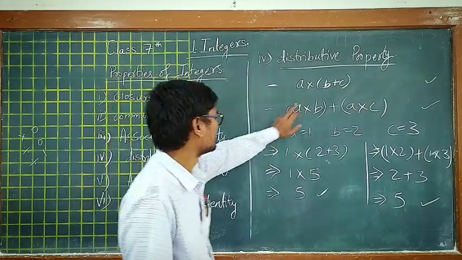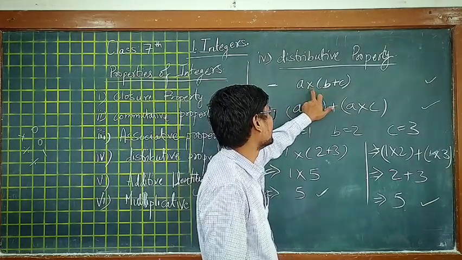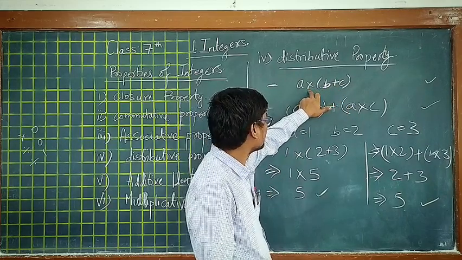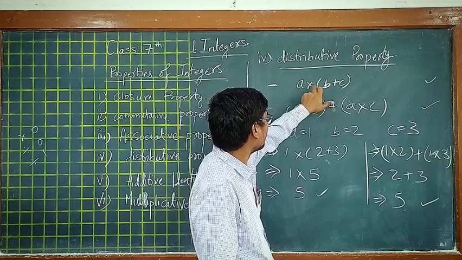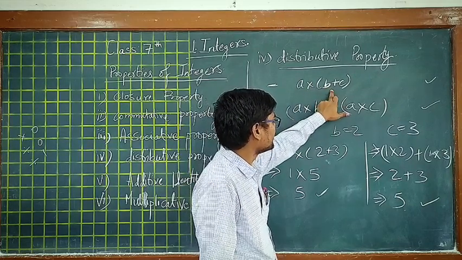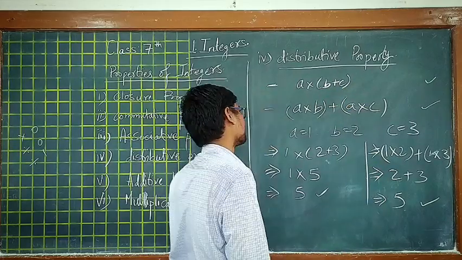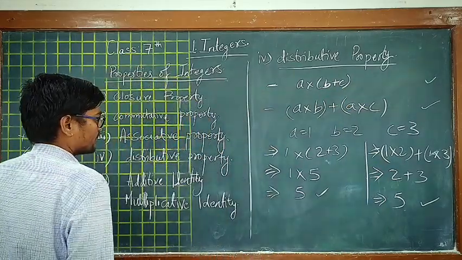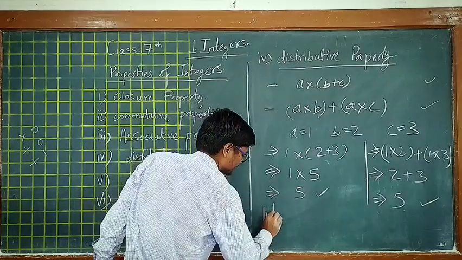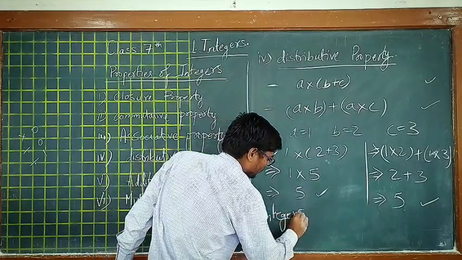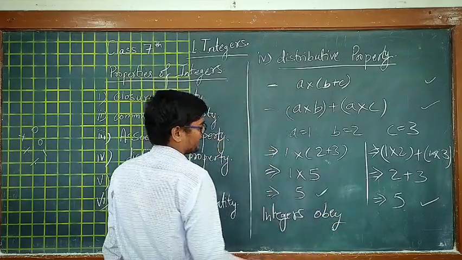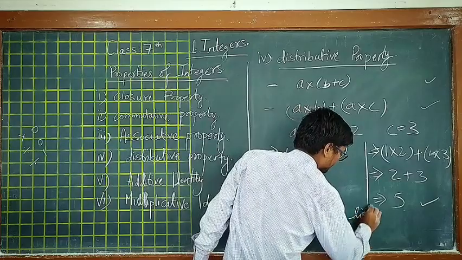This is called as distributing the multiplication over addition. Integers obey distributive property.